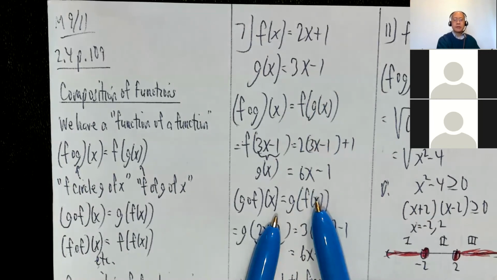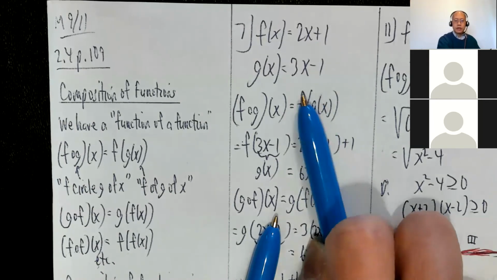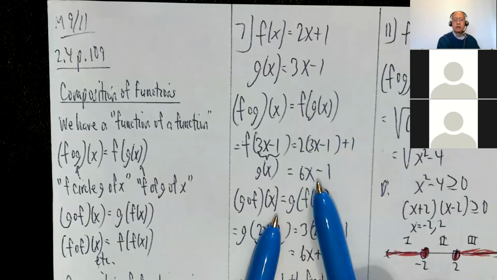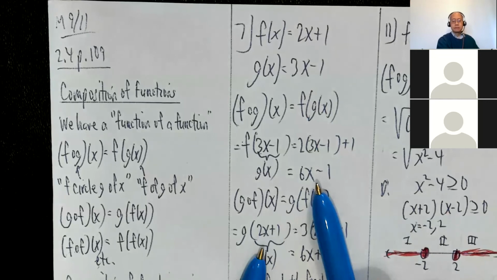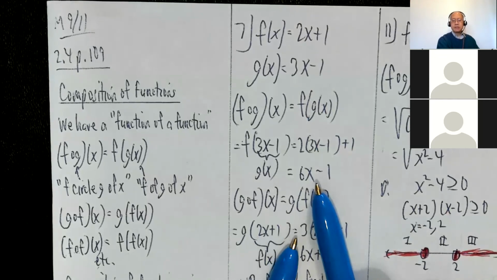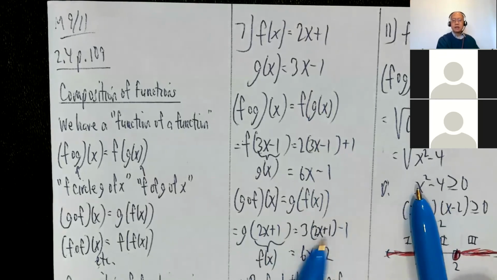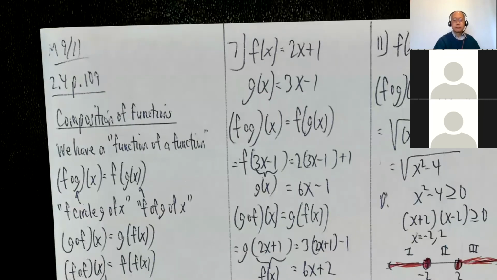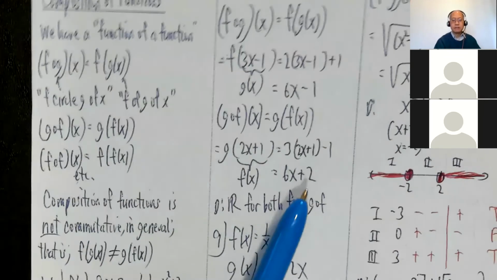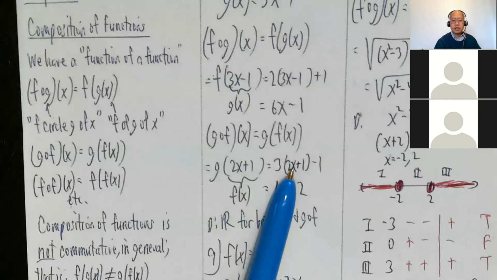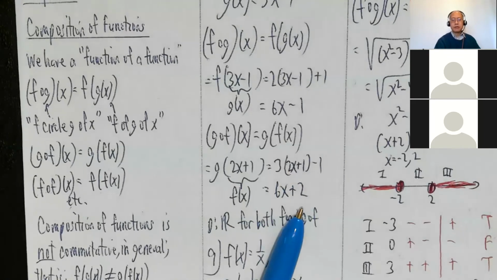Suppose it's g of something complicated. 3 times something complicated minus 1. I do have something complicated. There it is. 3 times that complicated thing minus 1. And then clean that up. 6x plus 3 minus 1, 6x plus 2.